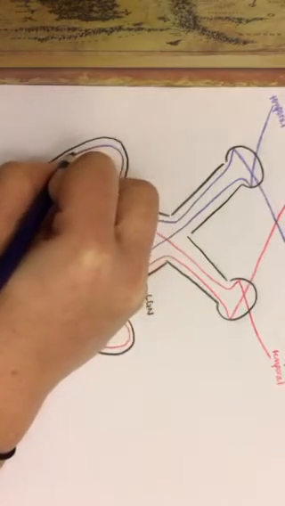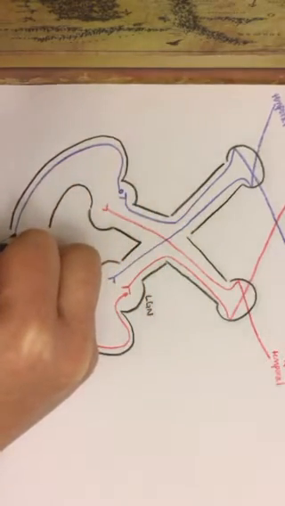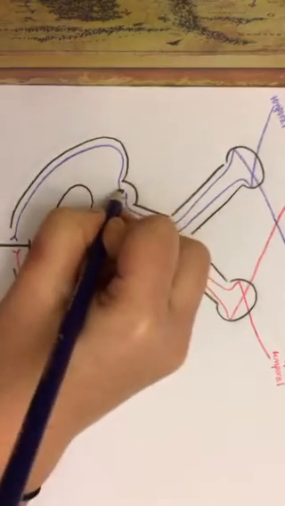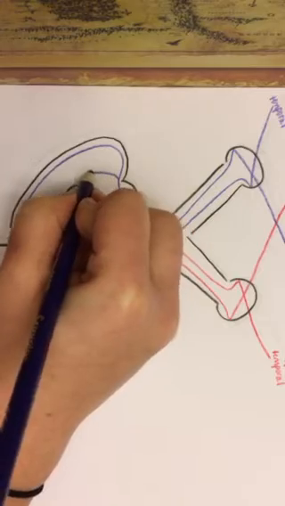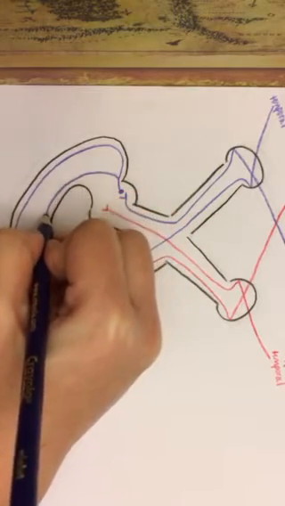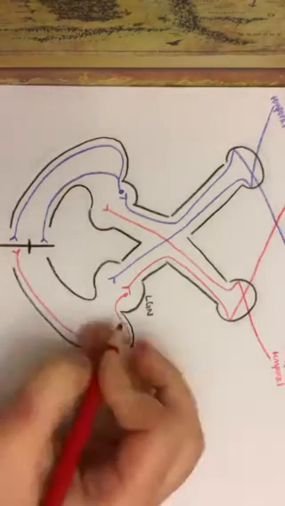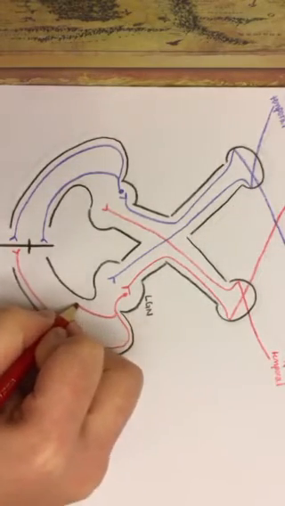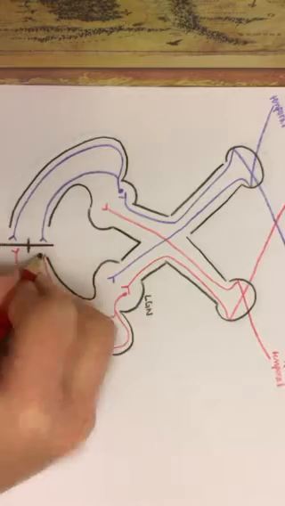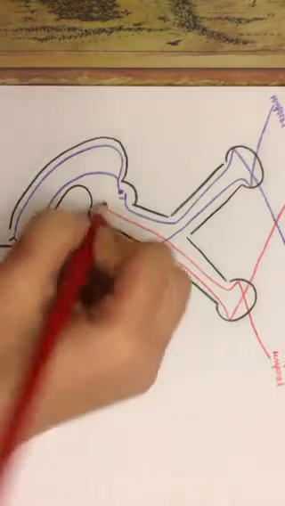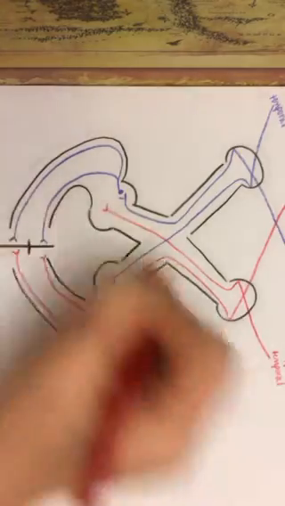We're going to go superiorly and then end up inferiorly. And then we're also going to go inferiorly from that same nucleus. And the inferior fibers are going to end up in the superior part. Okay, so on this side, we're going to go inferiorly here to end in the superior part of the primary visual cortex. And then the same thing with this other one from the contralateral eye.